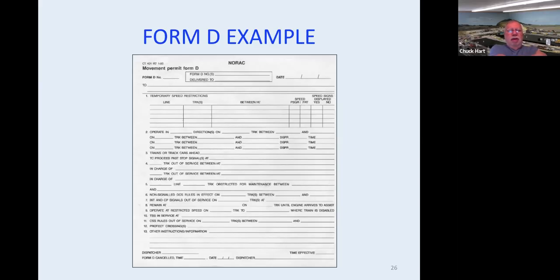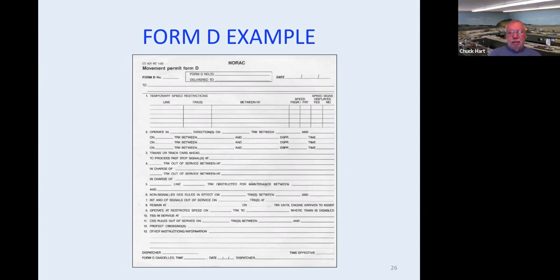So you could put down east/west, north/south, east, both, whatever you want to put in there, so that you can operate within yard limits, and have your Form D filled out and transmitted to the folks that are leaving the yard and going into the yard limit area.